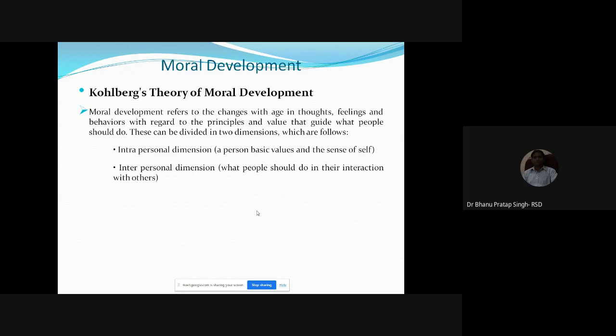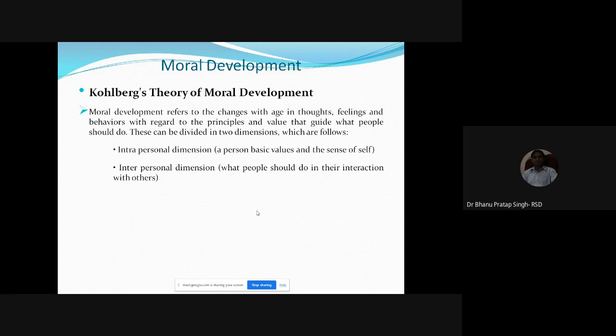He has given the theory on moral development, which refers to the change with age of thought, feeling, behavior, values, and this moral development can be divided into two dimensions.